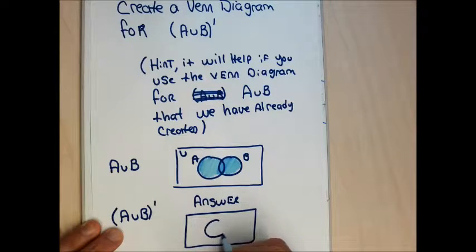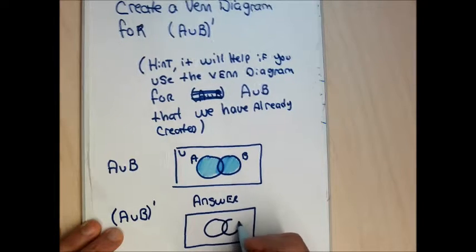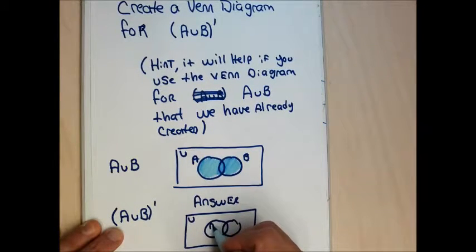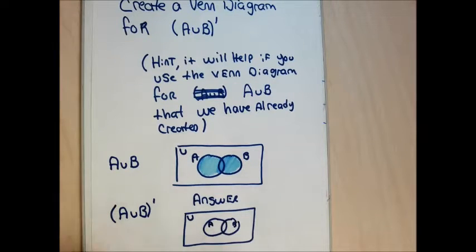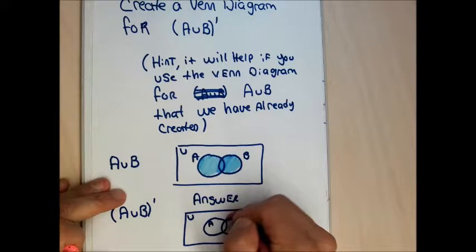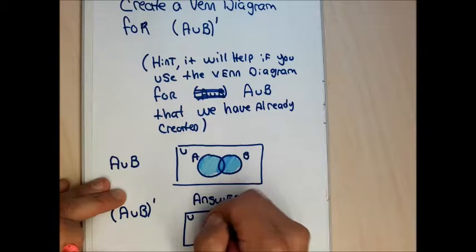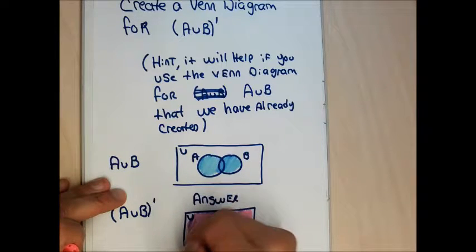And the complement of any graph is the rest of the universe. It's any part of the universe that isn't shaded in the graph of that set. So this is the set A union B. The graph of A union B complement would be everything inside the universe that's not shaded when you shade that set.